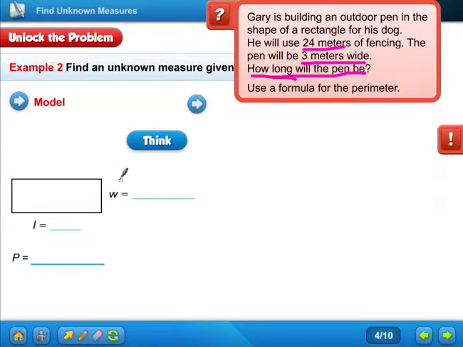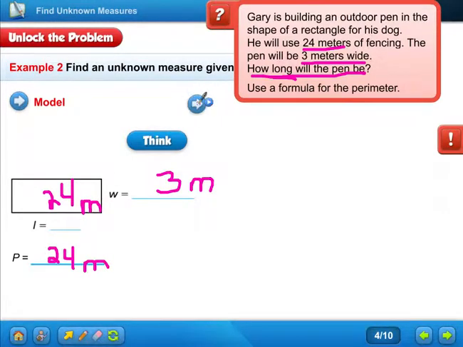But the width, we know it's 3 meters wide. And the total of fencing he will use is 24. So the perimeter is 24 meters. Put the meters up here.